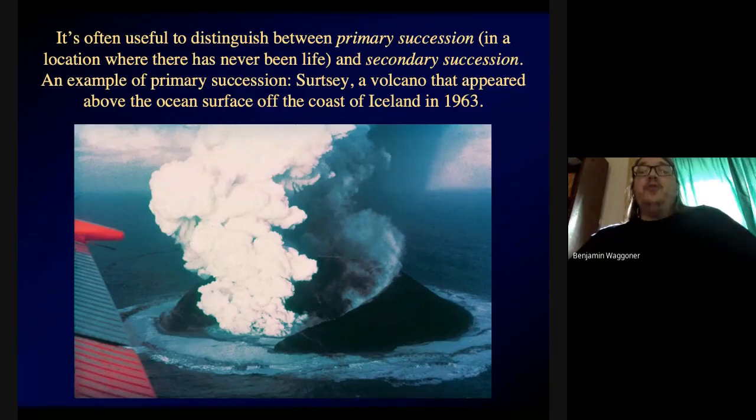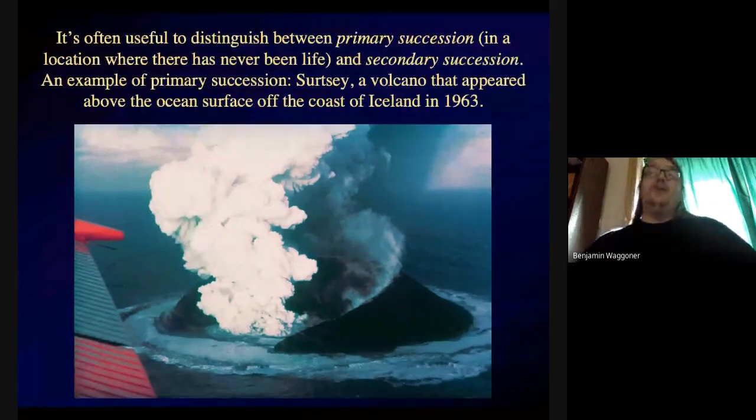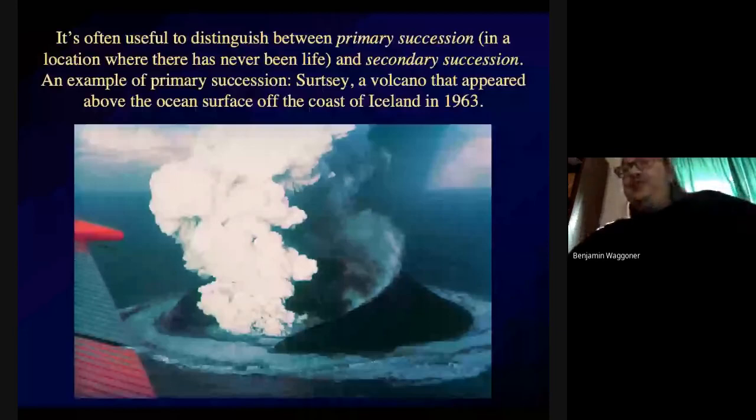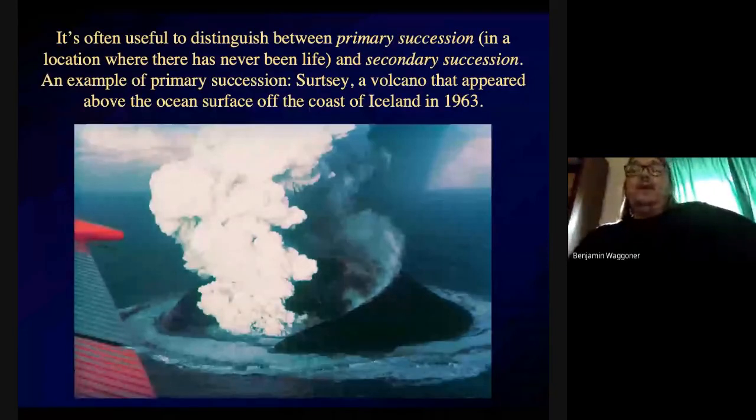This was an undersea volcano that erupted in 1963 and put out so much lava and so much ash that it actually broke the surface and formed a small island off the coast of Iceland.